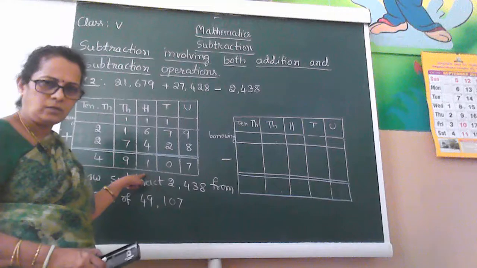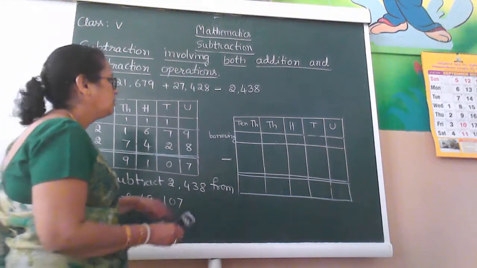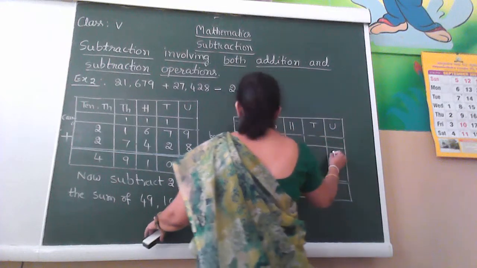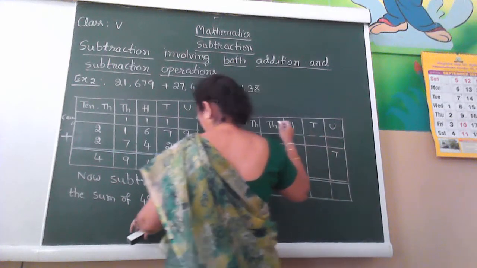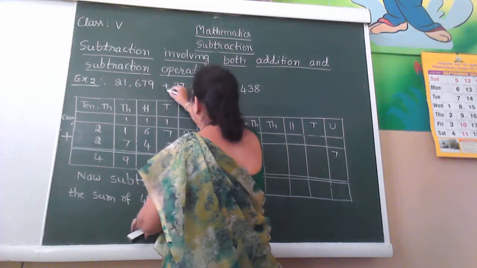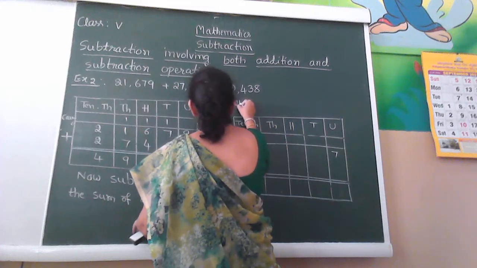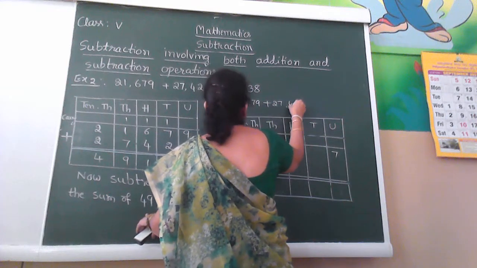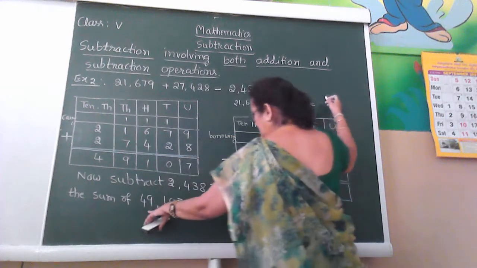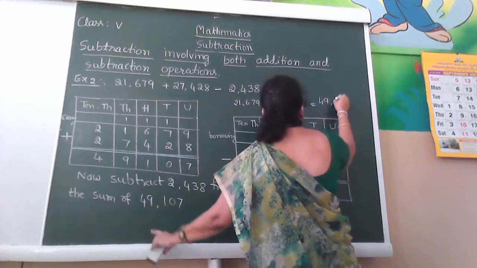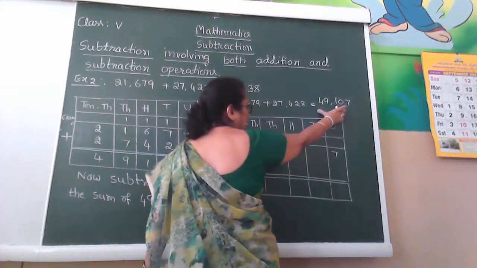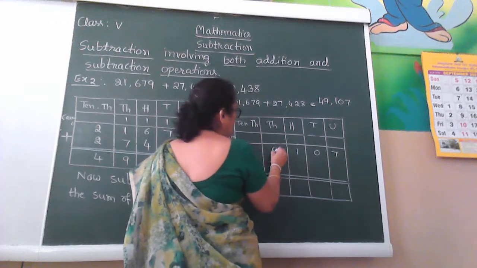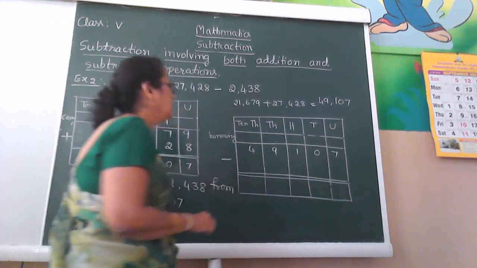Write according to place value. 21,679 plus 27,428 equals 49,107. This one you write in place value: 7, 0, 1, 9 and 4.